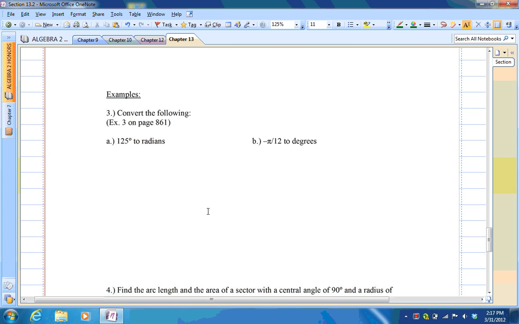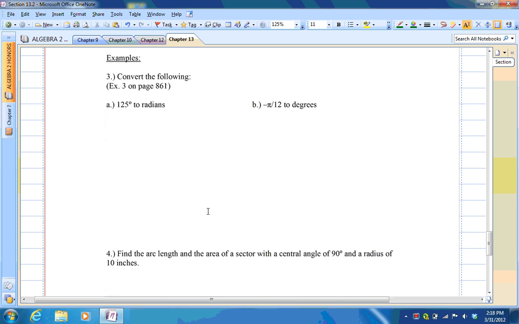So let's look at number 3. Convert the following. Example 3 on page 861. 125 degrees to radians. So you have 125 degrees, and pi radians gets you 180 degrees.